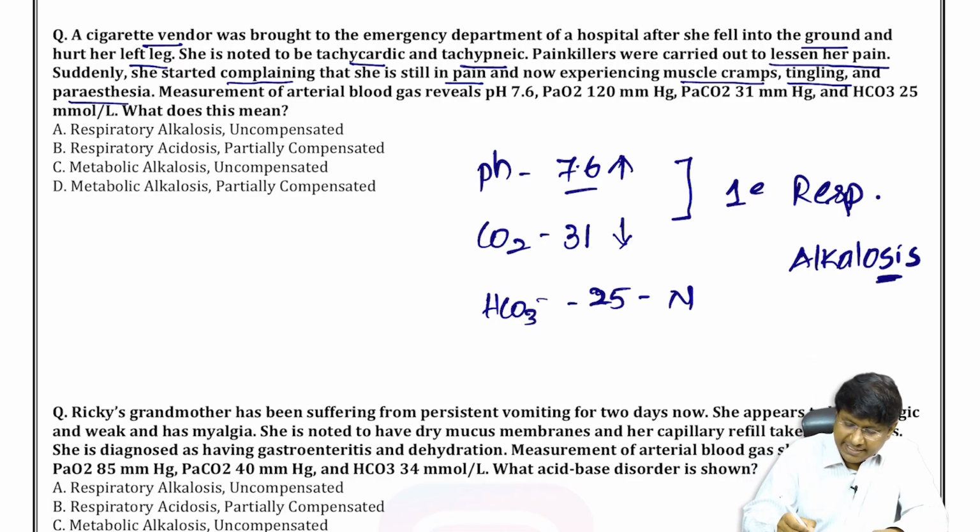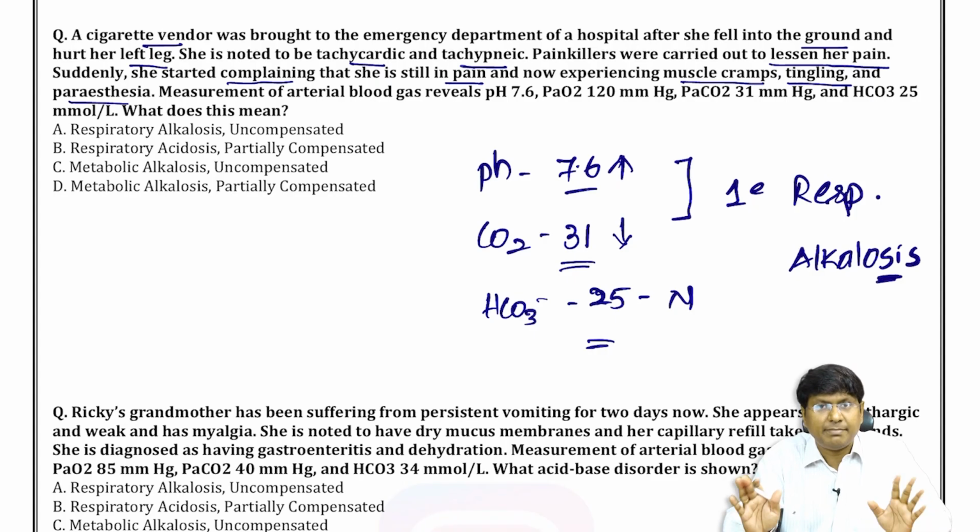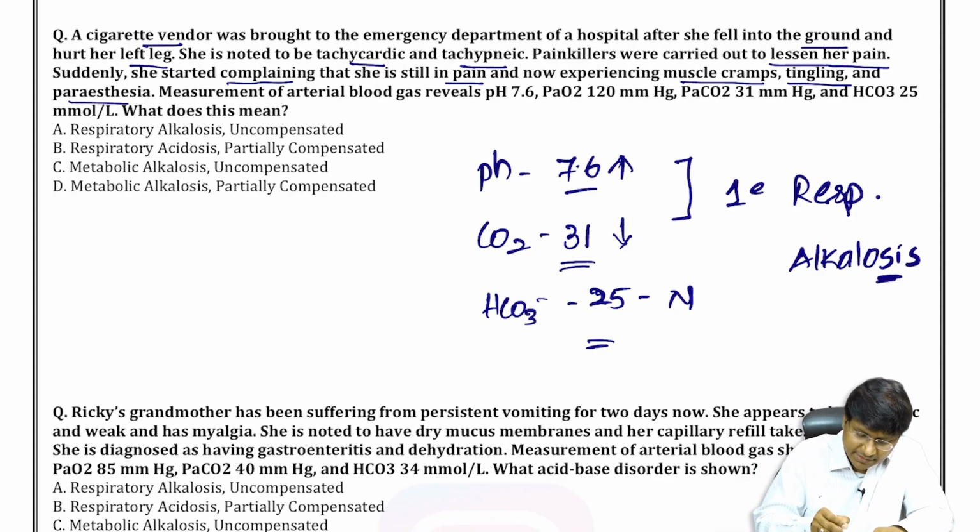Now, in case of primary respiratory alkalosis, your carbon dioxide is decreased, but has your bicarbonate changed? Bicarbonate did not change at all. Bicarbonate is within the normal limit. So we call it respiratory alkalosis, which is uncompensated.